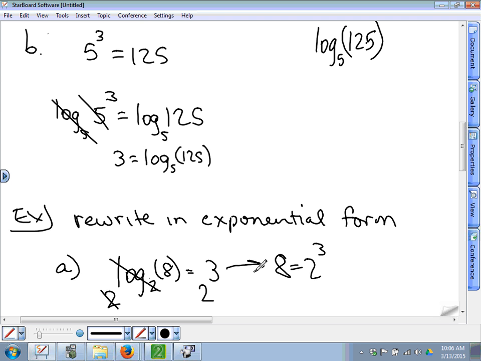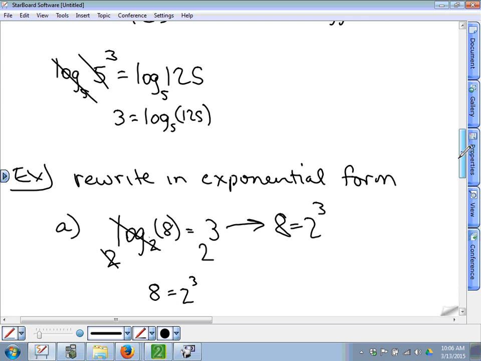And always make sure you have a true statement. Does 8 equal 2 to the third? Yes. So you want to put it here. That's the base. That's the exponent. And over here, that's the base, and that's the exponent. It's not that hard, is it?